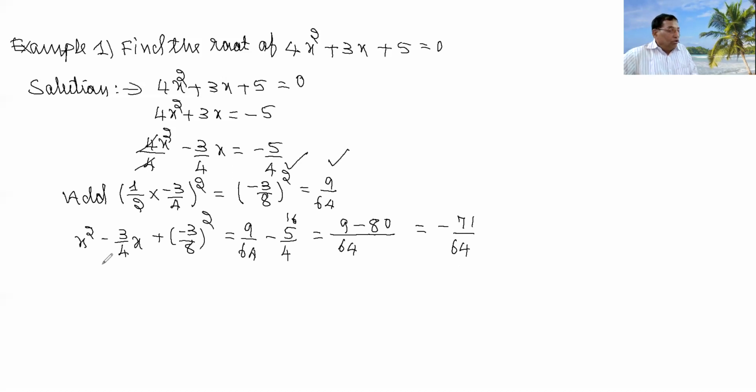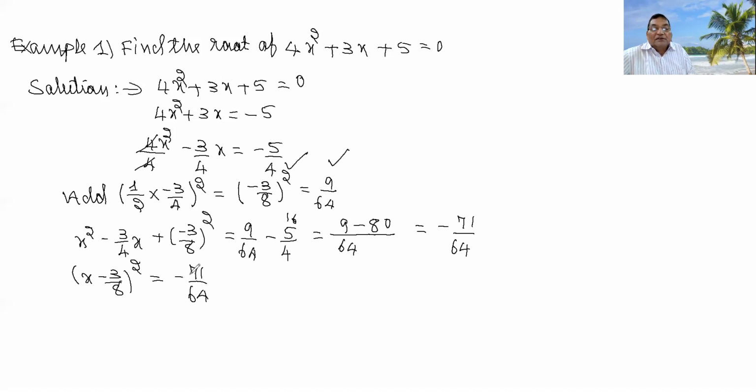This can be written as x plus 3 upon 8 bracket square equal to minus 71 upon 64.